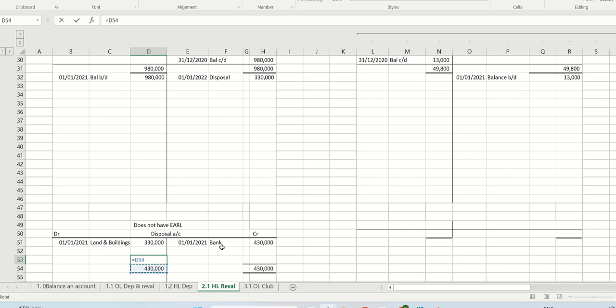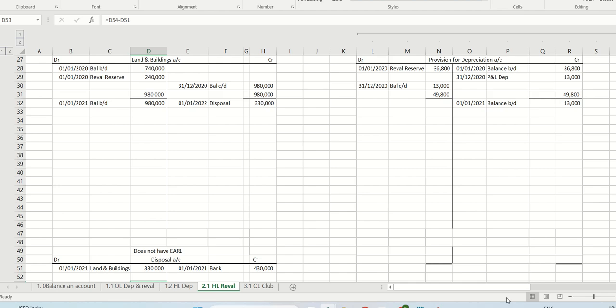The missing number is your profit or loss on disposal. So in this situation, they made a profit on disposal. They thought the land was worth 330, and when they sold it, they got 430. So they made a lovely profit on disposal of 100,000. Okay, that's our disposal steps done.